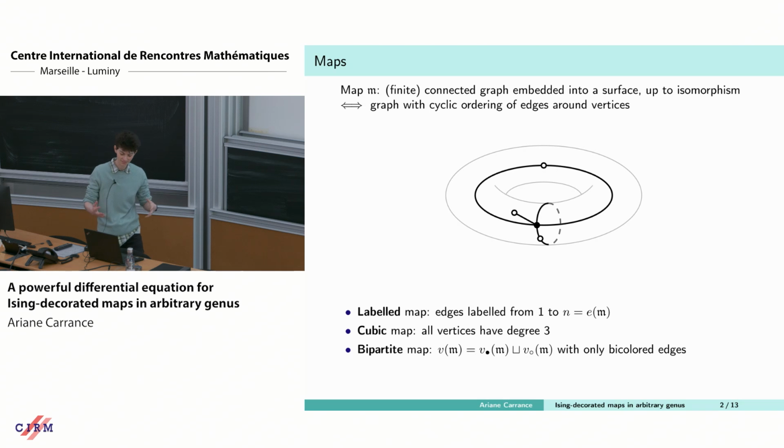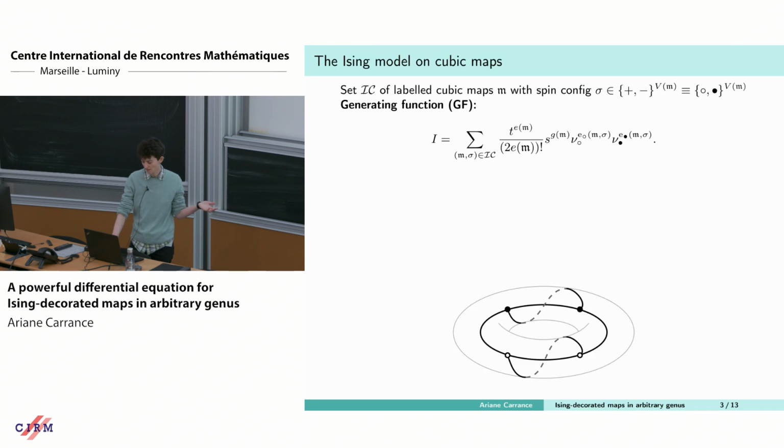So now that we know what maps are, we can define the Ising model on maps in a very similar way as before. We put some spins on the vertices of our map, and to make things easier to draw, we consider these spins to be black and white instead of plus and minus.